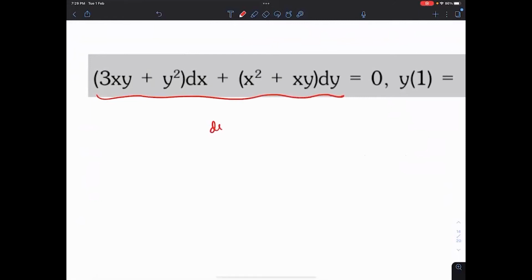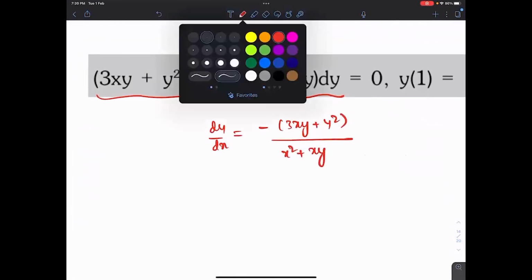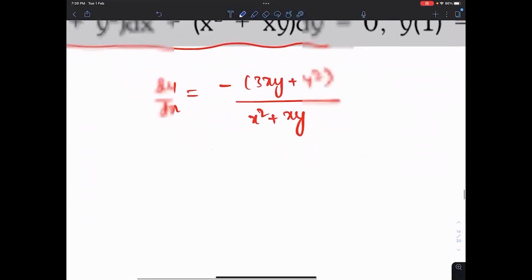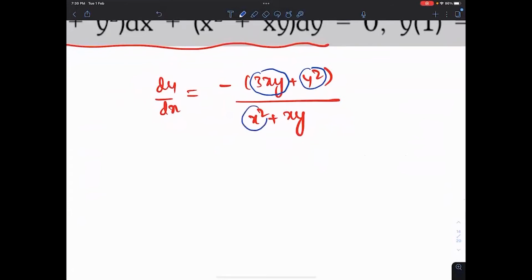Because here if I write dy by dx, I will get minus of 3xy plus y square divided by x square plus xy. This is what you get if you write dy by dx. Now you see two terms are there in the numerator. What is the degree of those two terms? Second degree. Denominator also two terms are there. What is the degree? Second degree. All the terms are having the same degree. No? So it is a homogeneous differential equation.